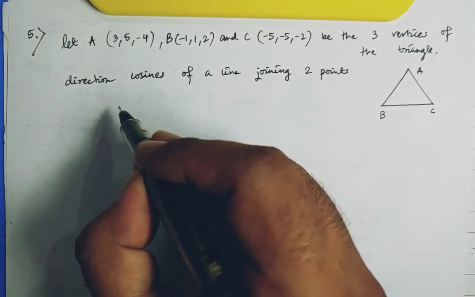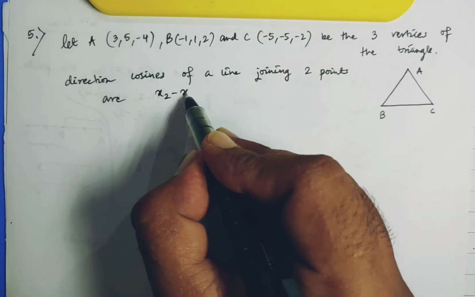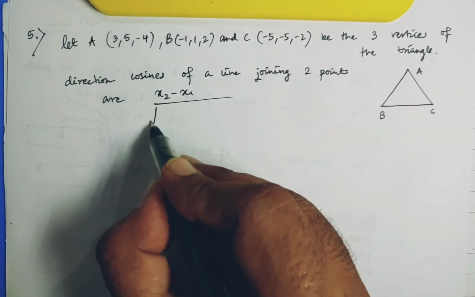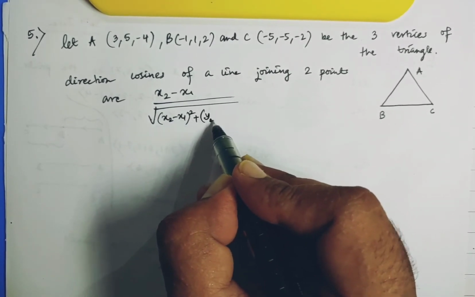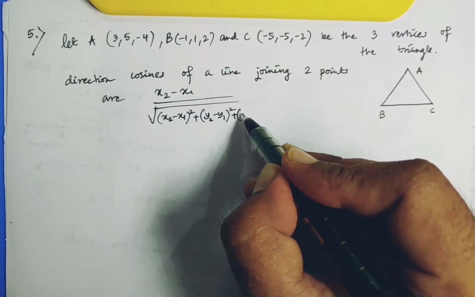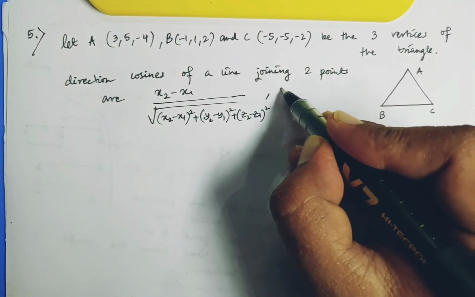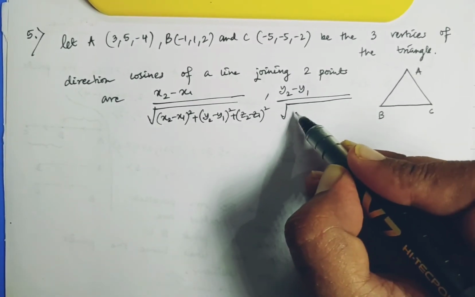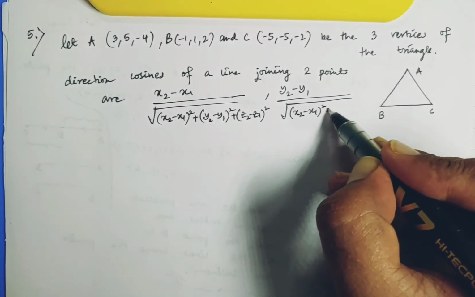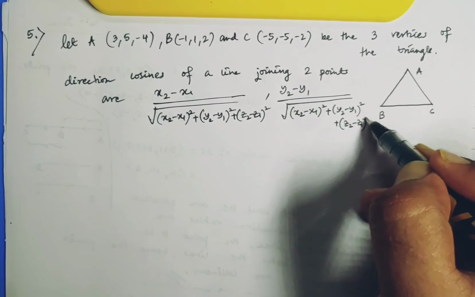Direction cosines of a line joining 2 points are, it is what? x2 minus x1 divided by root over of x2 minus x1 whole square plus y2 minus y1 whole square plus z2 minus z1 whole square. This is cos alpha. Now we have y2 minus y1 divided by root over of the same thing, x2 minus x1 whole square plus y2 minus y1 whole square plus z2 minus z1 whole square.